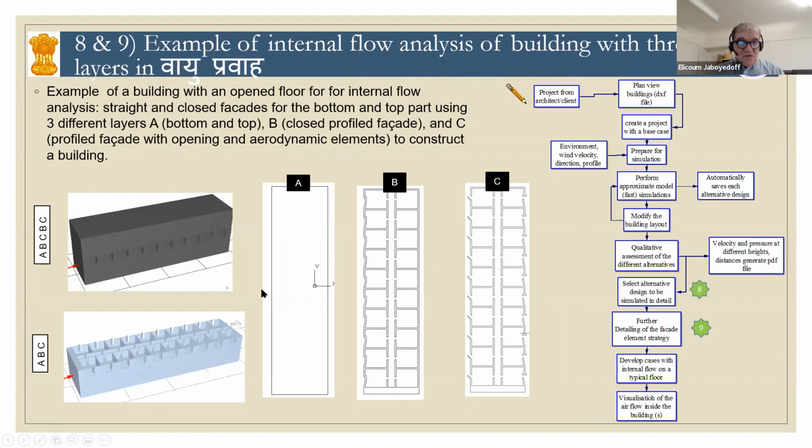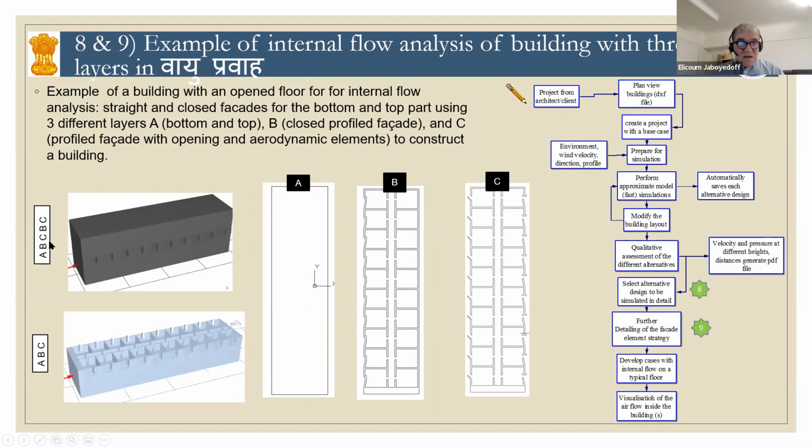That means you can create, let's say, the base block of a building, which goes from bottom to one floor level that you choose. And then you can add some facade profile. Then after, you can add another facade profile with opening. And this is what we show here, the A, the B and C typology, which are on top of each other.